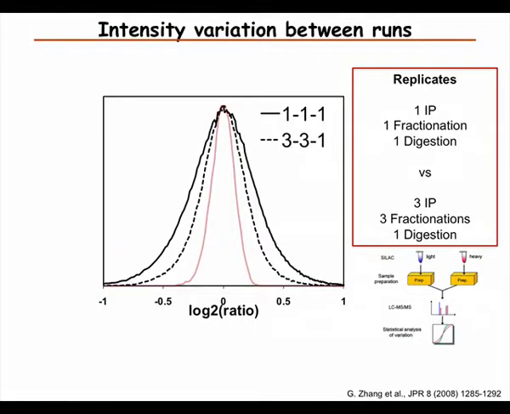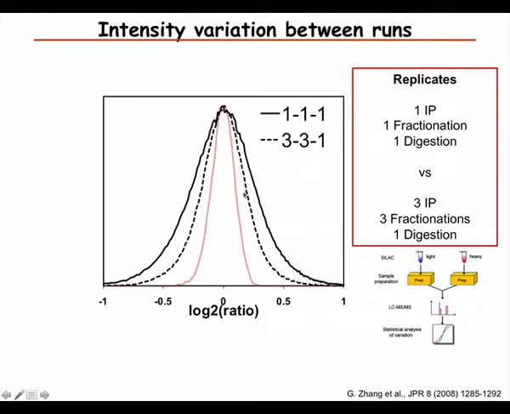So now this just shows that if we do replication in the label-free case, we can get better. What was done here was an experiment to do first IP on phosphotyrosine, and then fractionation and digestion, with either just one replicate of each or 3 replicates of the IP and 3 replicates of the fractionation.